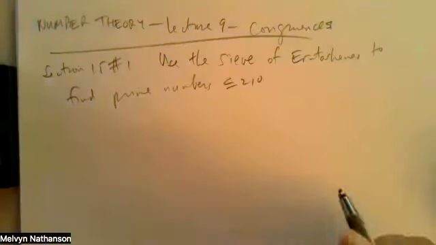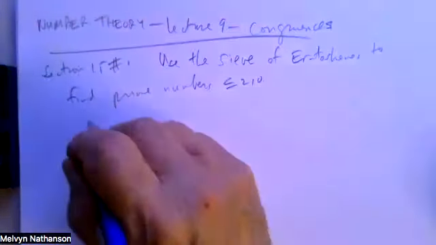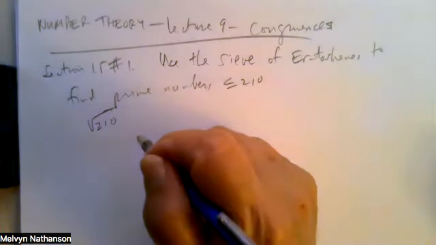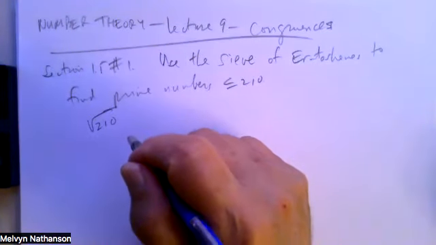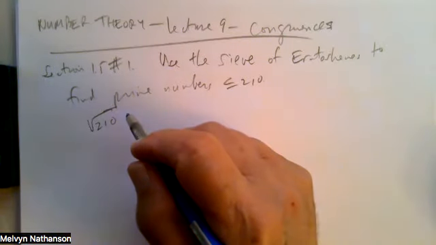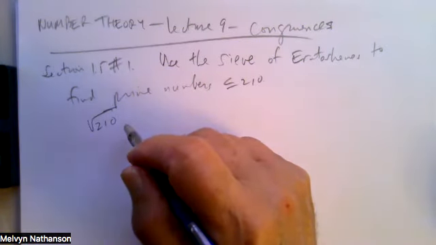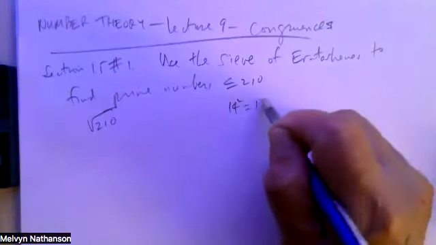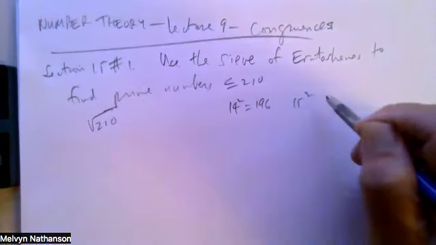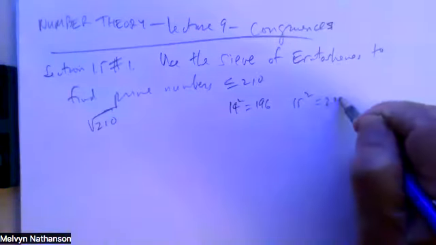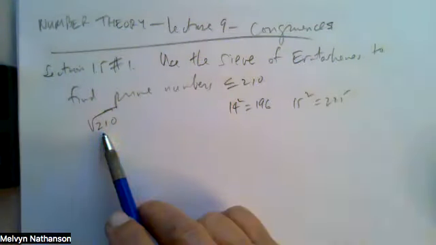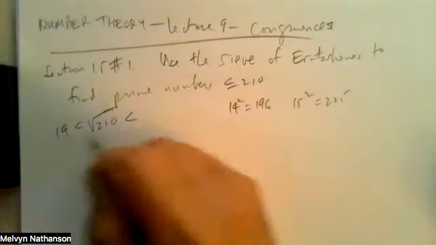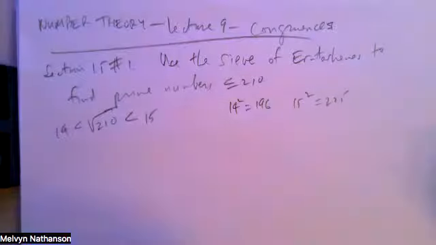So first thing you do is, what is the square root of 210? We don't need to know exactly, but 14 squared is 196. 15 squared is 225. So the square root of 210 is between 14 and 15.